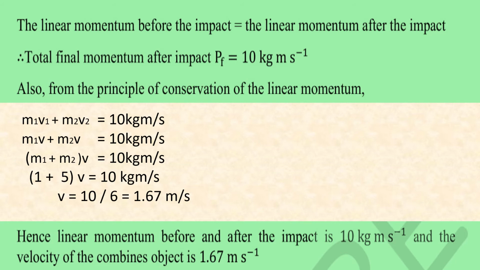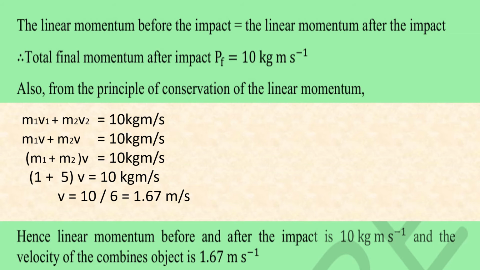So v can be calculated as v equals m1 u1 plus m2 u2, that is 10 kilogram meter per second, which we already got, divided by m1 plus m2, that is 1 plus 5. That means you will get 10 by 6, which is equal to 1.67 meter per second.